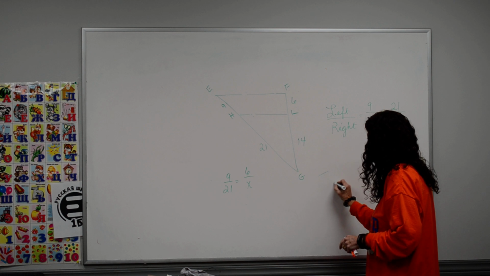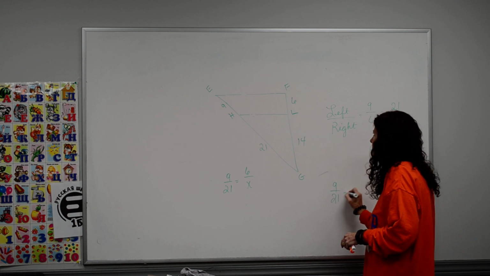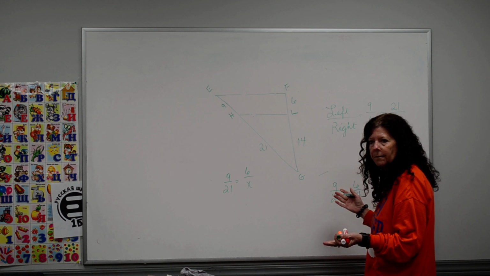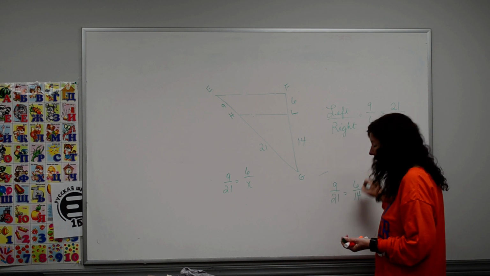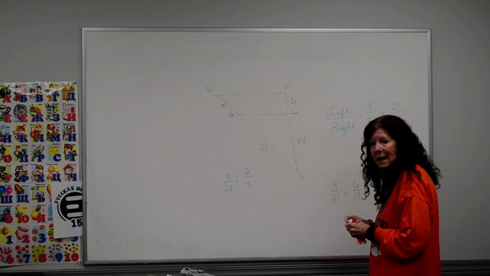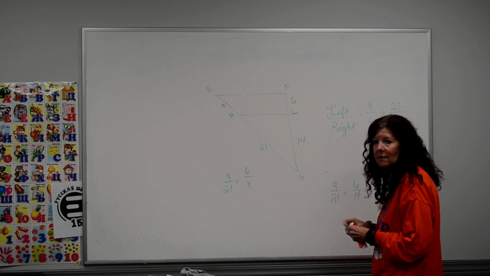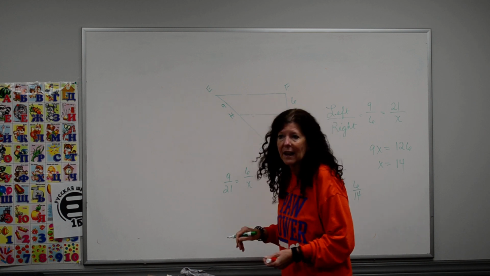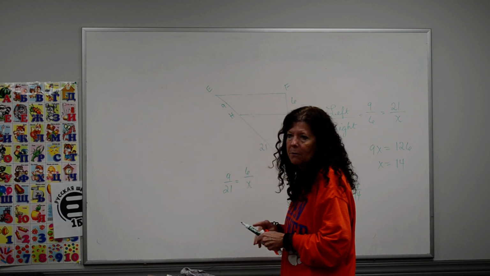And the way that I could do it is go 9 is to 21 as 6 is to 14. Are they proportional? If I reduce them down to a decimal value, I would get the same decimal value on both sides. So I would know, yes, they are. So therefore, this line is parallel to that. It's just the reverse of that other theorem.